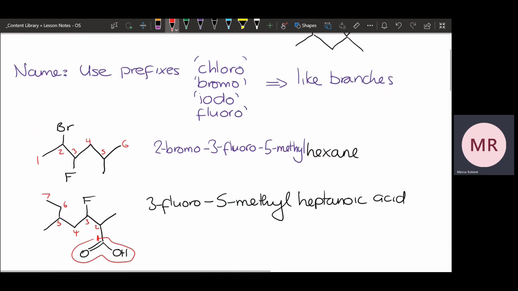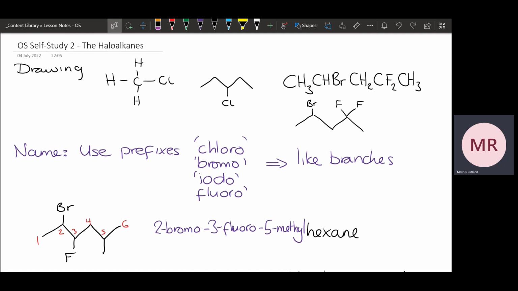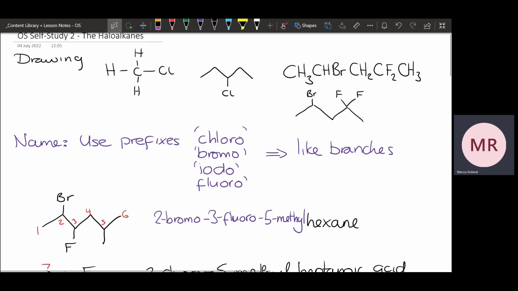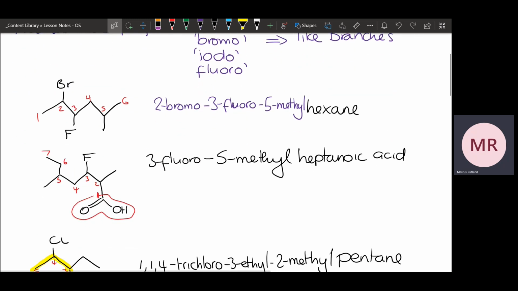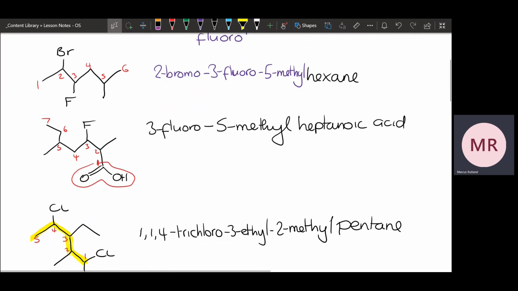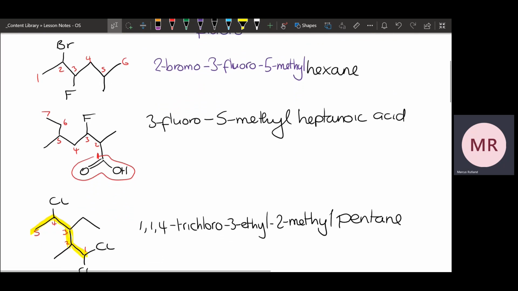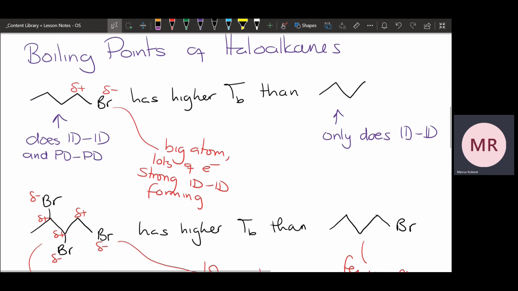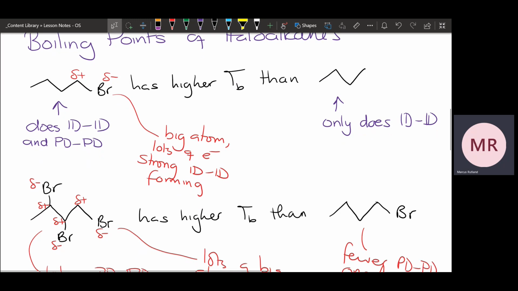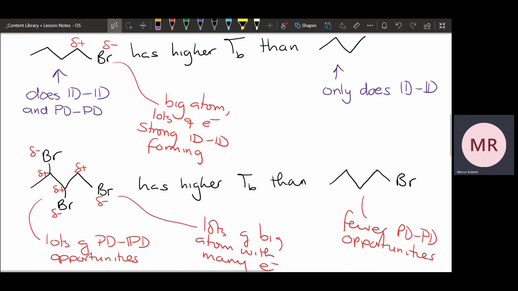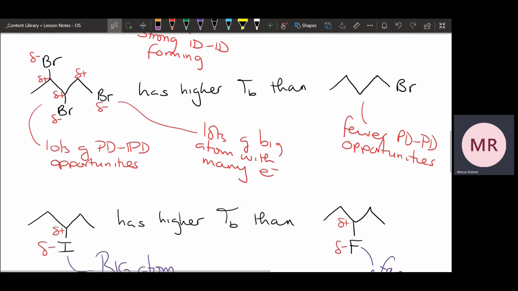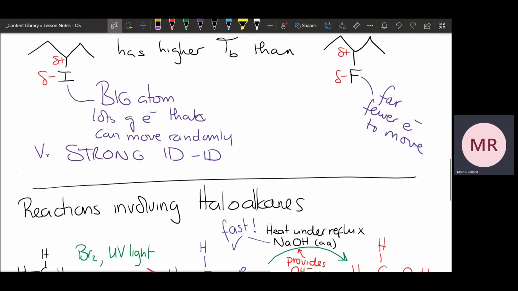So the key ideas here are you need to know what haloalkanes are: replacing a hydrogen with a halogen in an alkane. You need to be able to draw that in the different styles and use the systematic naming, which is just an extra sort of branching name in front. You need to be able to predict and explain the boiling points of the haloalkanes using intermolecular bonding ideas, things like comparing alkanes to haloalkanes, haloalkanes with multiple halogens compared to ones with less halogens, and also different types of halogens.